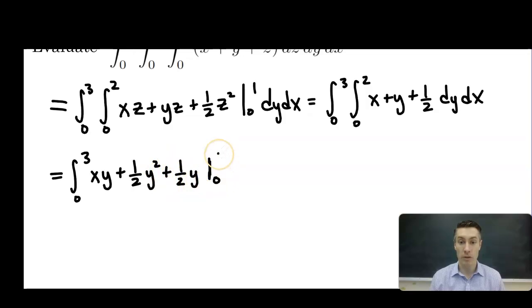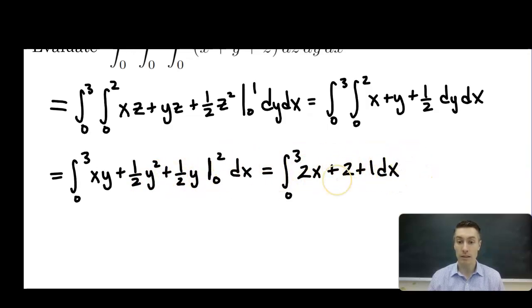Evaluate that from 0 to 2 dx. So integral from 0 to 3 of 2x plus 1/2 times 4 is 2. 1/2 times 2 is 1 dx. So simplifying that, we get 2x plus 3.